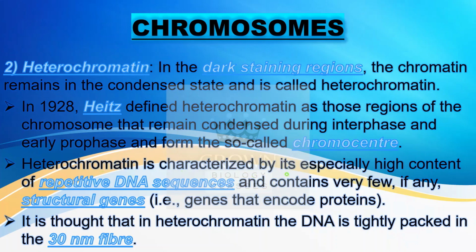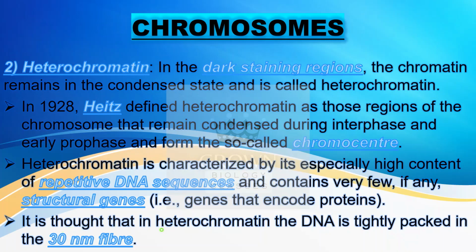Heterochromatin is characterized by its especially high content of repetitive DNA sequences, and it contains very few structural genes, and these structural genes are the genes that encode proteins.